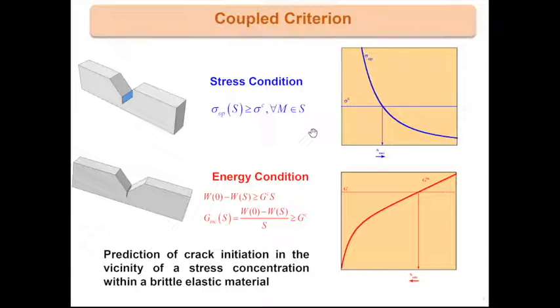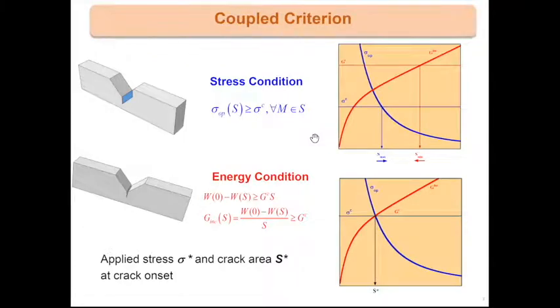You would like to have the critical loading at crack onset, and the crack increment at crack onset. Here the stress condition provides an upper bound, and the energy condition gives a lower bound.